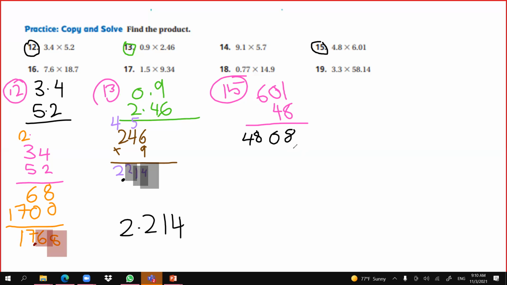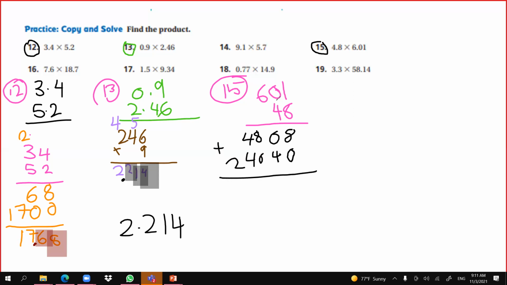Then what do you have to add down in order to multiply for the tens? 0. 4 times 1, 4. 4 times 0, 0. 4 times 6, 24.